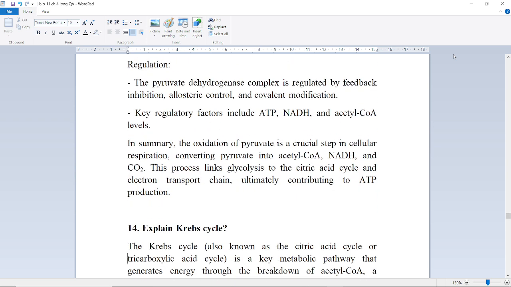Regulation: the pyruvate dehydrogenase complex is regulated by feedback inhibition, allosteric control, and covalent modification. Key regulatory factors include ATP, NADH, and acetyl-CoA levels. In summary, the oxidation of pyruvate is a crucial step in cellular respiration, converting pyruvate into acetyl-CoA, NADH, and carbon dioxide. This process links glycolysis to the citric acid cycle and electron transport chain, ultimately contributing to ATP production.